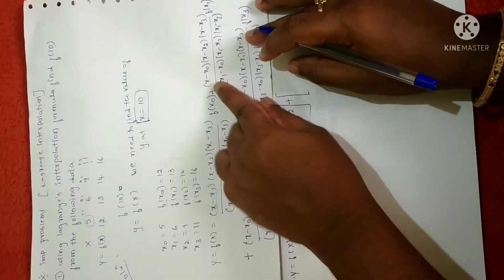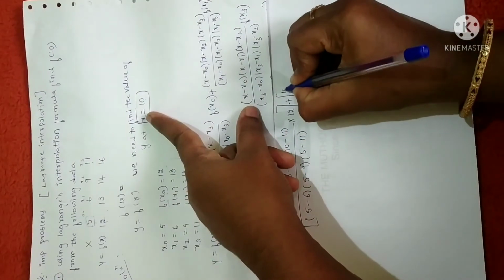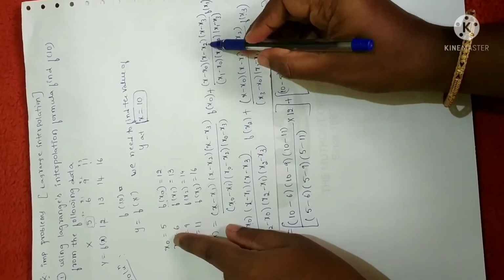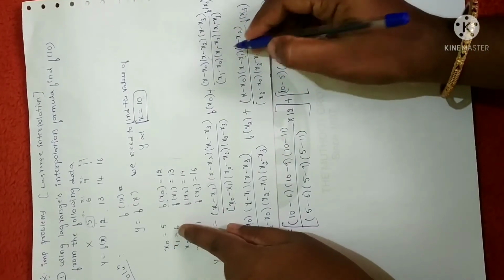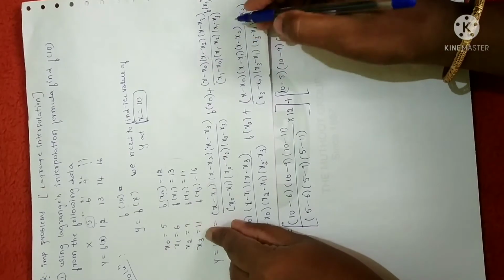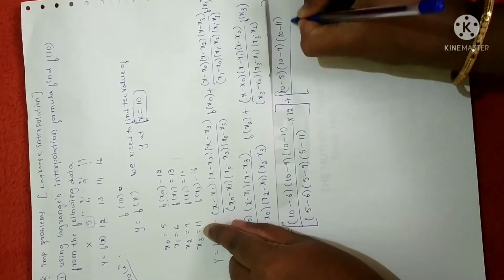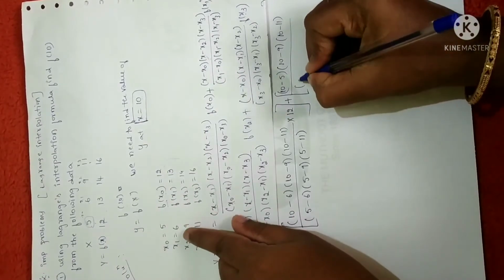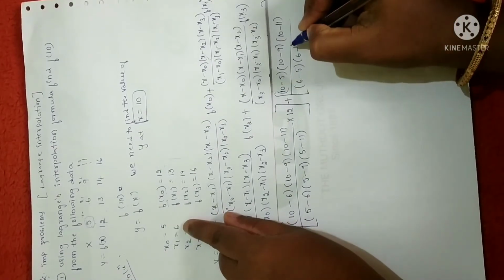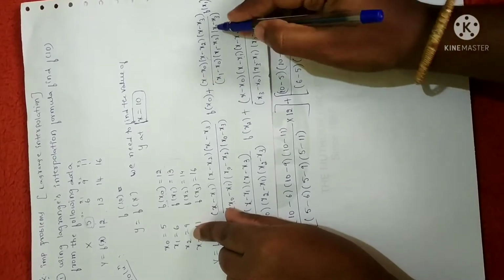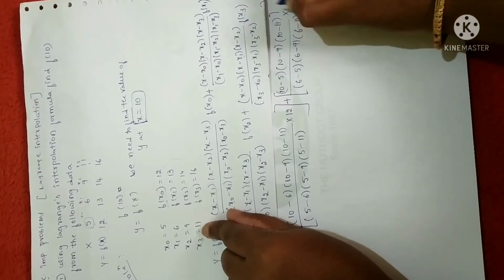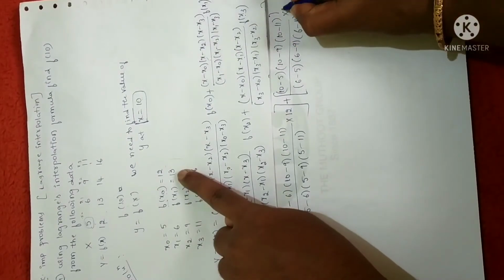Second term, x is 10 minus x0 is 5, into 10 minus x2 is 9, into 10 minus x3 is 11, divided by x1 is 6 minus x0 is 5, x1 is 6 minus x2 is 9, x1 is 6 minus x3 is 11, into f of x1. What is the value of f of x1? F of x1 is 13.